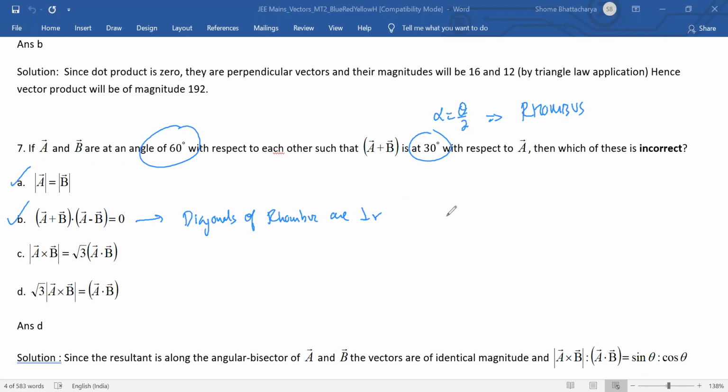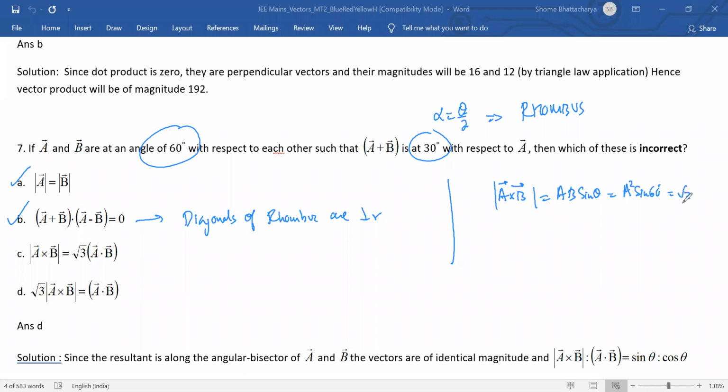We also know that in a rhombus, in this case, A cross B magnitude is A square sine 60.